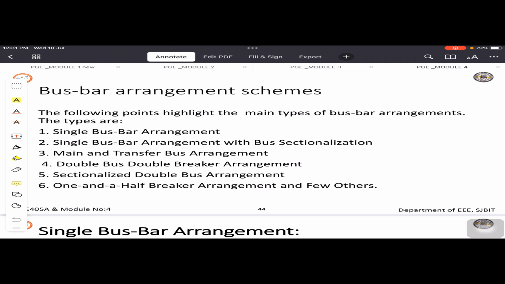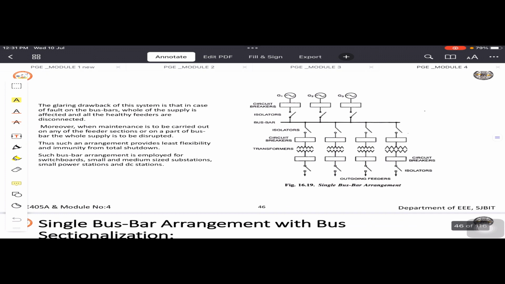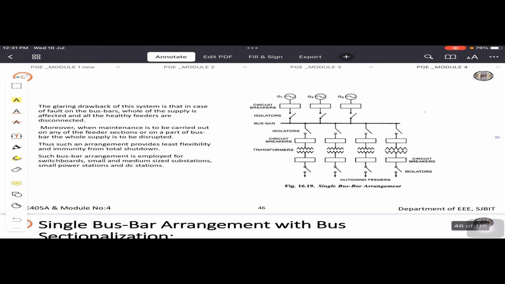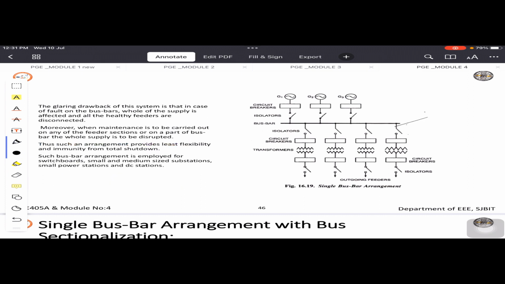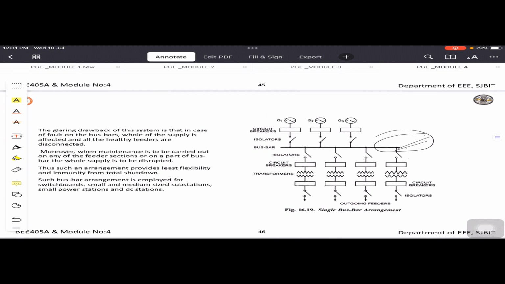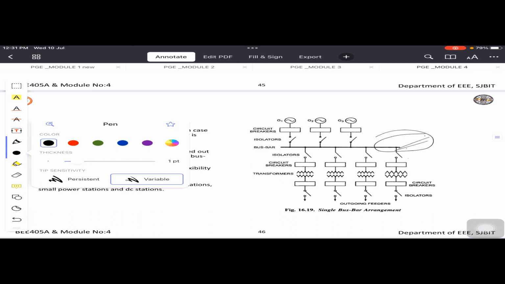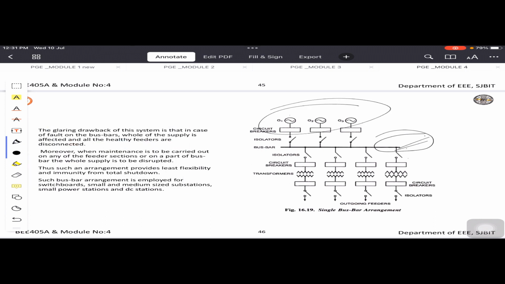Now let us understand the first one, single bus bar arrangement. Let us go through the diagram. When you observe here, in a single bus bar arrangement, there is only a single bus bar. Here we have 3 generators, incoming lines, along with circuit breakers, then isolators, then this is the bus bar.